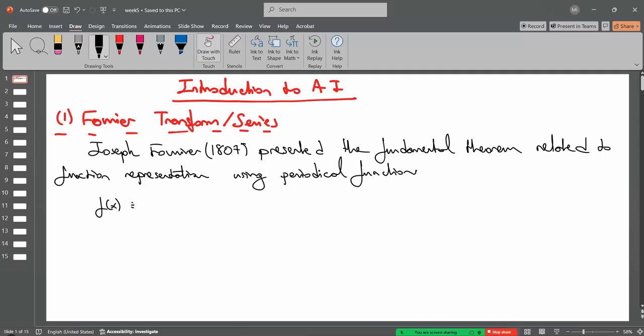He stated that f(x) can be represented with some bias value in terms of a0 and also the infinite summation of the cosinus and sinus, okay? This is the basic formula for the Fourier series.